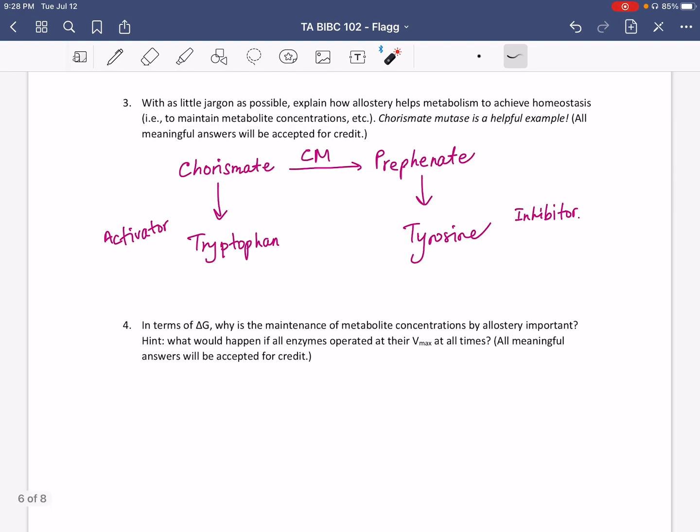And now let's think about question number 4. It could be a little connected to question number 3 in terms of when allostery is important.